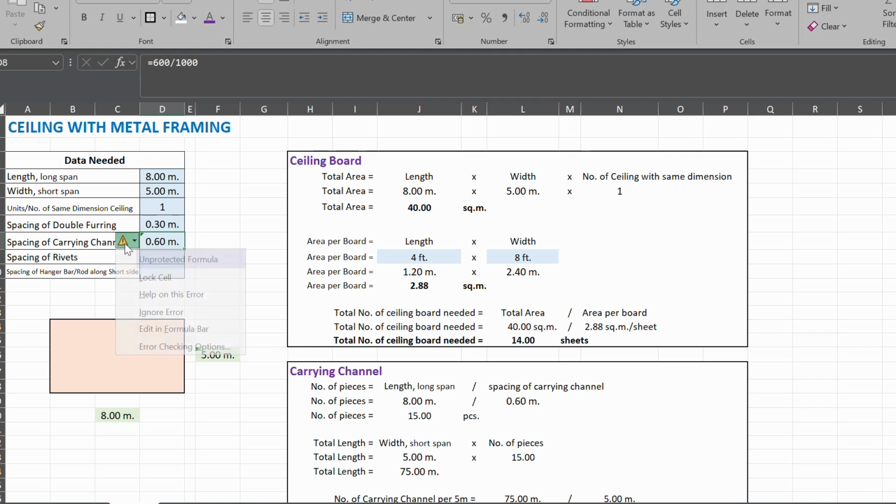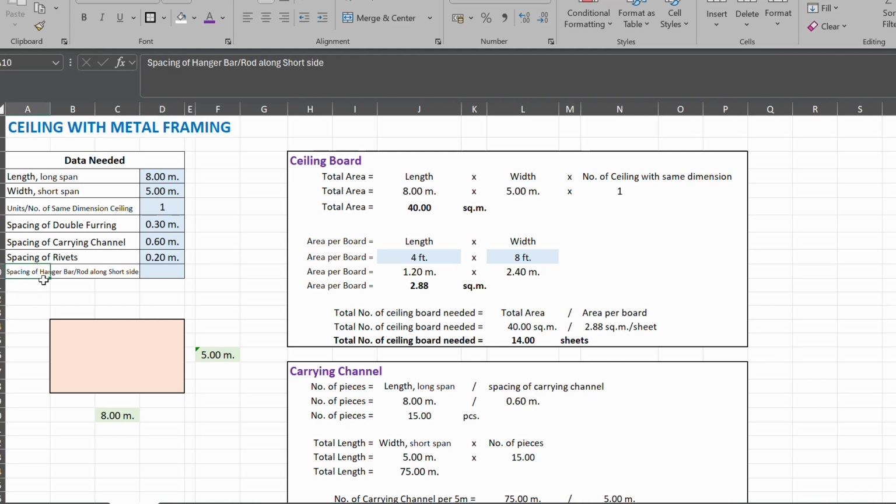So 0.6. Yun. And then spacing of rivets. So let us say yung parang pako. Okay, nails, parang ganyan. Rivets. So let us say 200, so 0.20 meters.